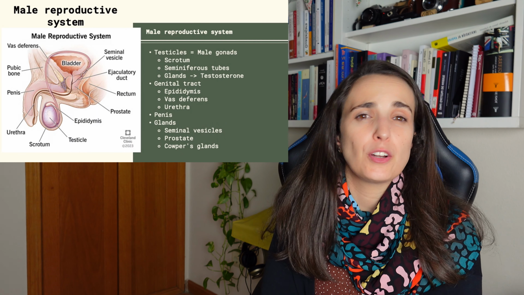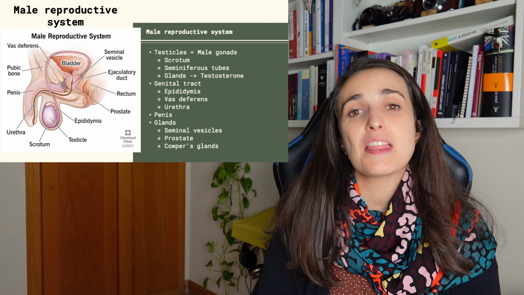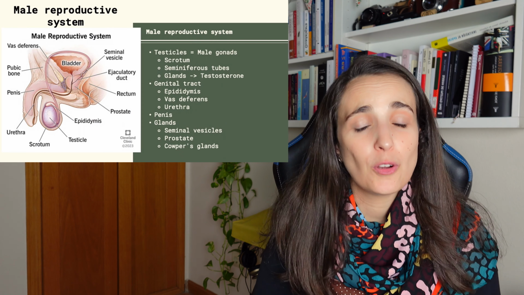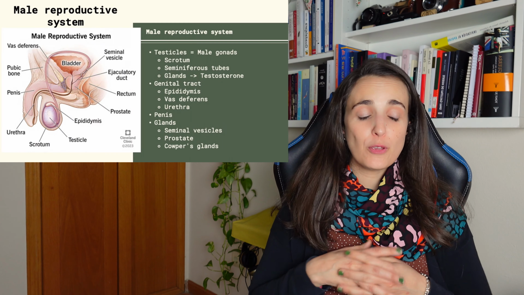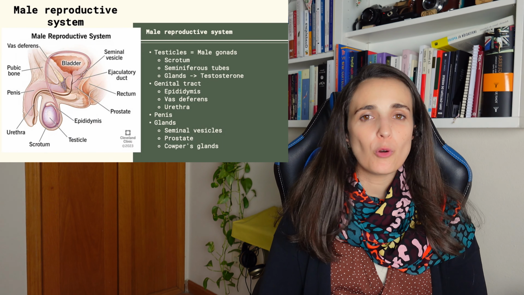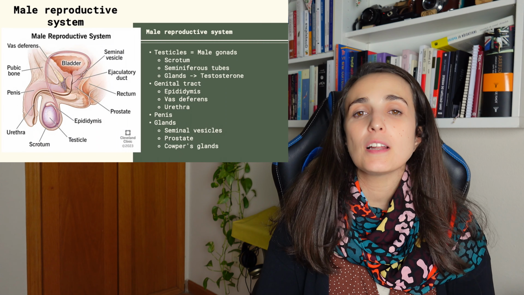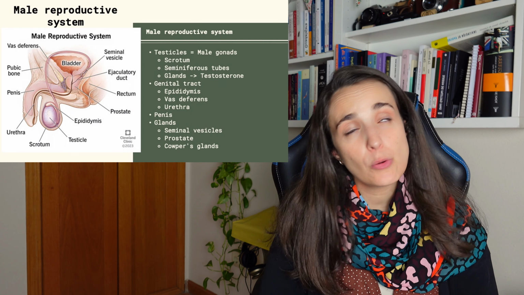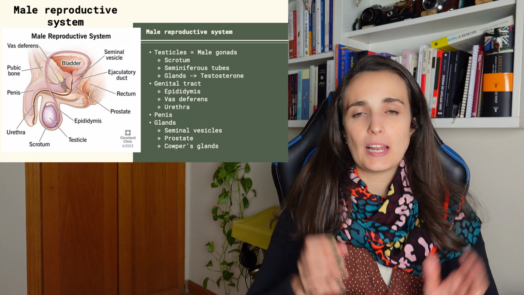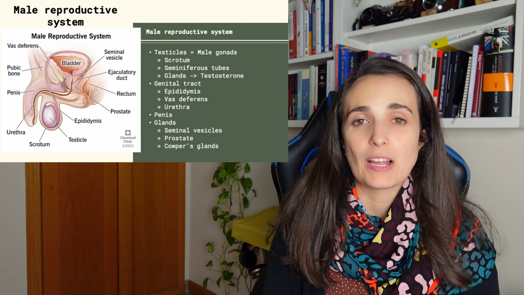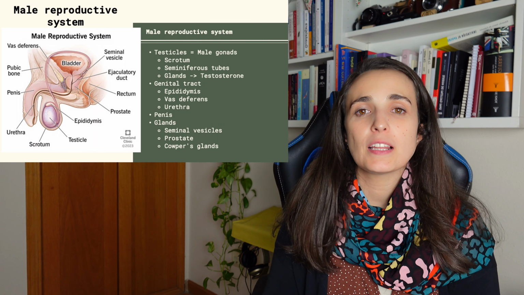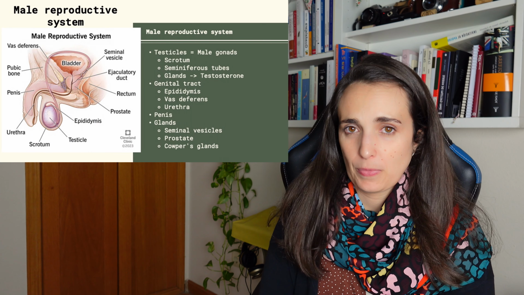But this is not really true, and we can thank the Cowper's gland for this, okay? And why? Because a few seconds or minutes before ejaculating, the Cowper's glands will secrete a substance, like a fluid, that will go through all the urethra, cleaning the urethra from the rest of urine, okay?